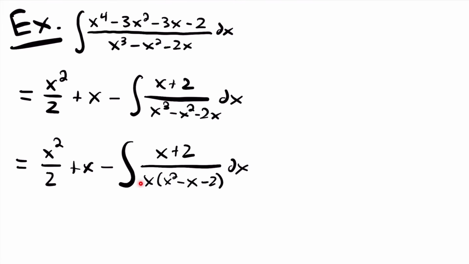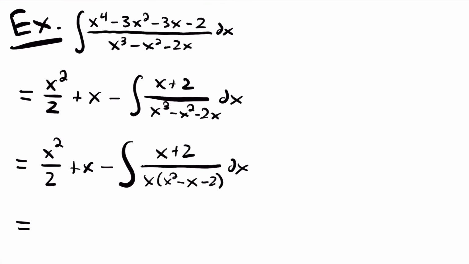Okay? And so x is going to be one of our factors, but then we have this quadratic here that we can factor further. So since we have x squared with a coefficient of 1, we can ask ourselves what factors of negative 2 added together will give us the coefficient of this term, which is negative 1. And in this case, negative 2 times positive 1 is negative 2, and negative 2 plus positive 1 is negative 1.